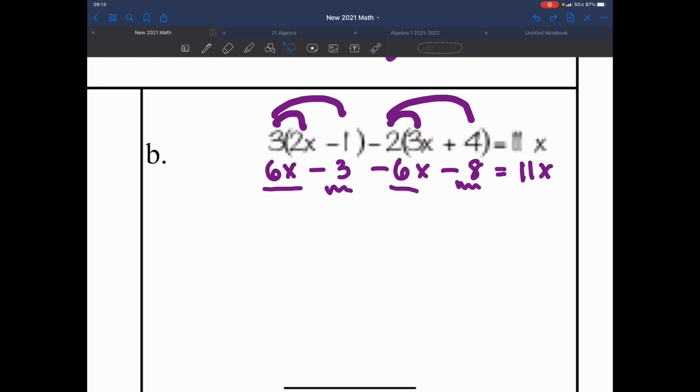And then I'm going to just label them. So I have 6x goes with 6x and the negative 3 goes with the negative 8. When I collect like terms, I get negative 11 equals 11x. So then I divide both sides by 11. So then x equals negative 1.